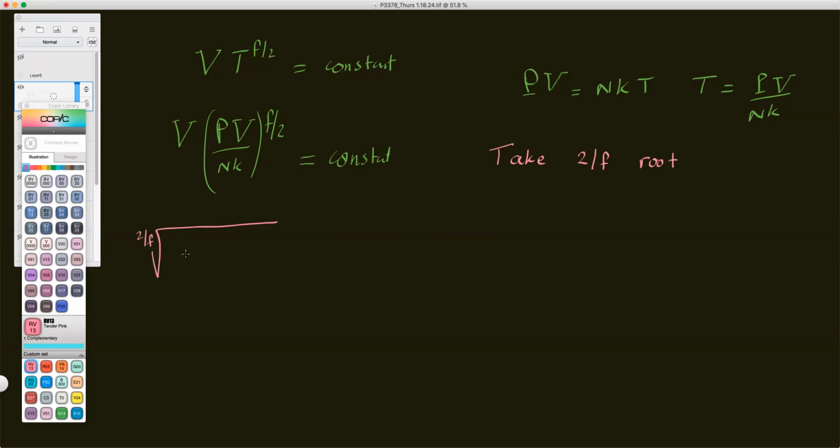Then the PV over NK, this is all under the root still, F over 2 is equal to just a constant. Doesn't matter that I had to take it to the 2 over F root. Now the 2 over F root is going to cancel this 2 over F root here, but it's going to give me V to the 2 over F.